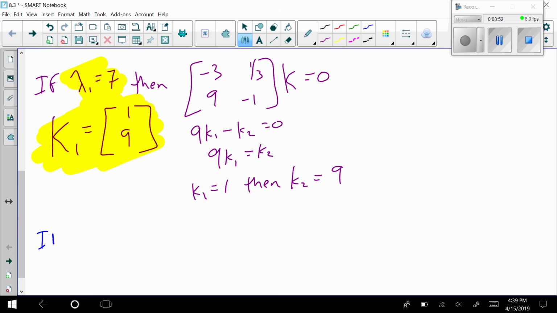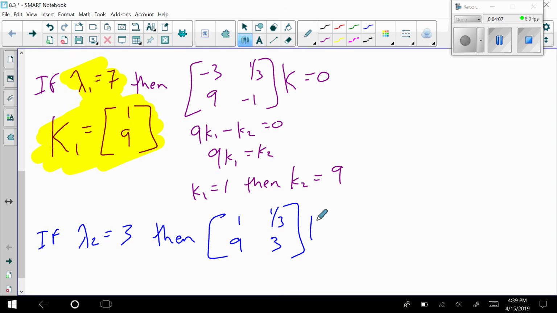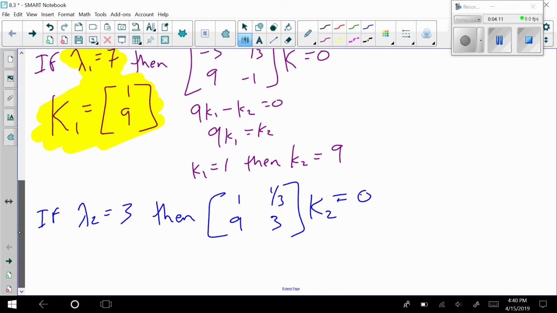Now, if lambda sub 2 equals the 3 that we were talking about, then I would have 1, a 1/3, a 9, and a 3 times some K equals 0. Of course, this is K sub 2. Working this out, I don't want to deal with the top one just because there are those fractions in there. So I have 9k sub 1 plus 3k sub 2 equals 0.